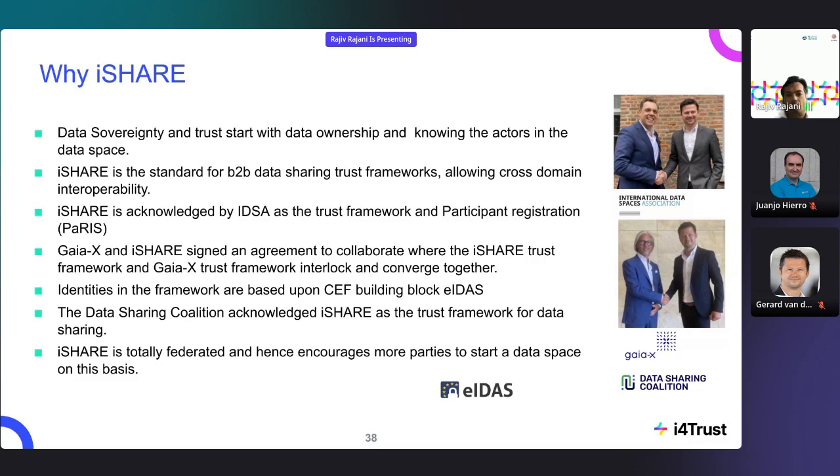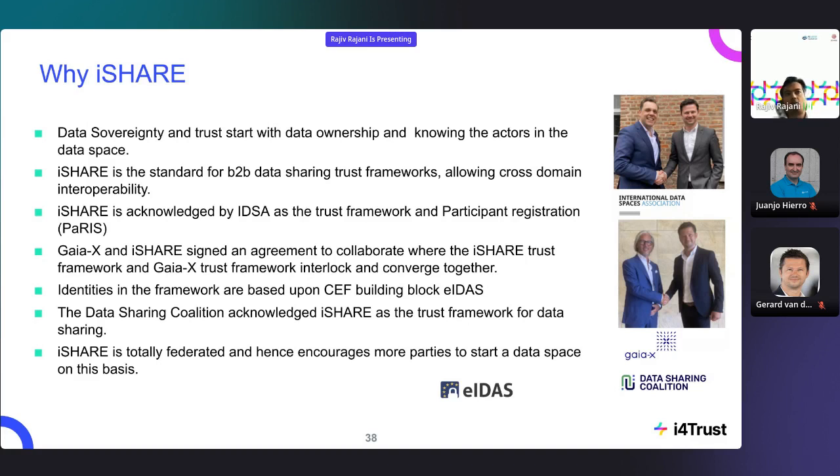The identity aspects of the iShare framework are also based on the self-sovereign building block of eIDAS. So it is already compatible, or we are quite aligned with the eIDAS initiative as well.